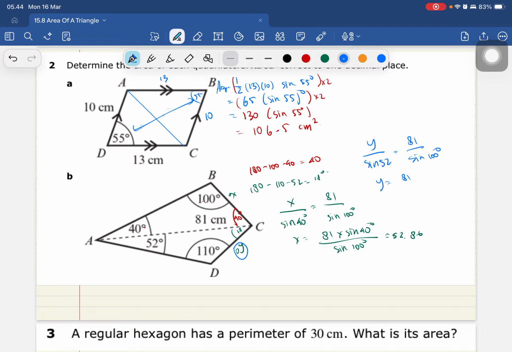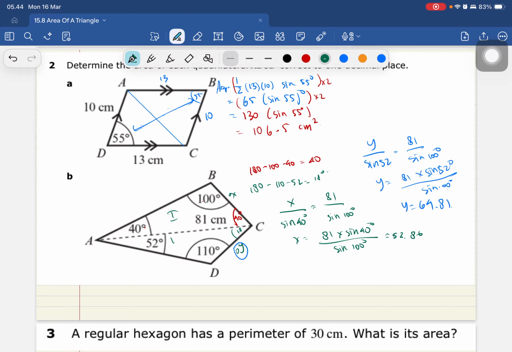So y equals 81 times sine 52 degrees divided by sine 100 degrees. Let's use the calculator: sine 52, then we divide it with the sine of 100. Here y is 64.81.